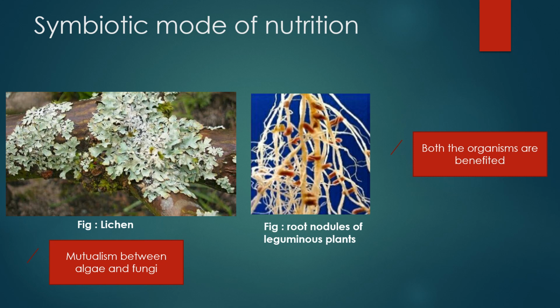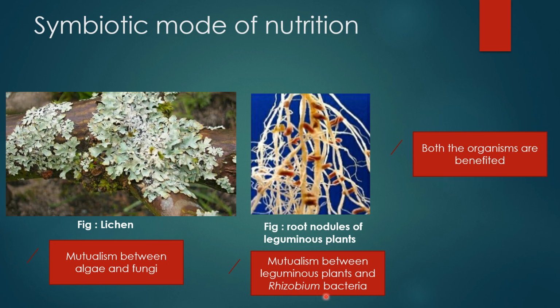This type of association, this type of mutualism, and this type of nutrition is known as symbiotic nutrition. Another very good example is the association between the leguminous plant and the rhizobium bacteria. Now see, these are the root nodules of the leguminous plants, and these root nodules are important as the habitat of the rhizobium.